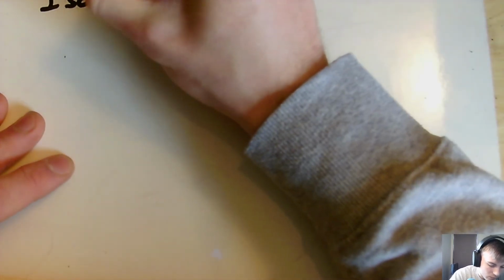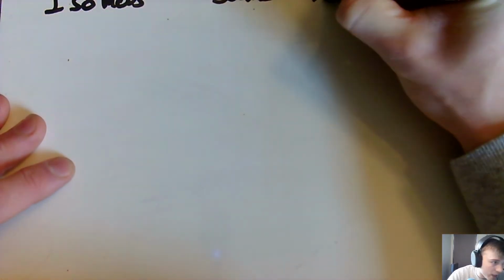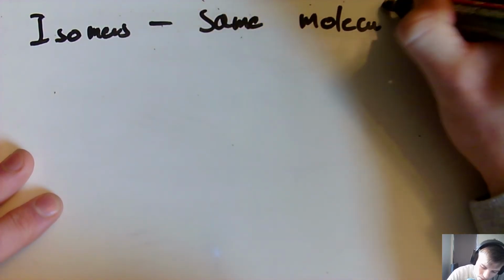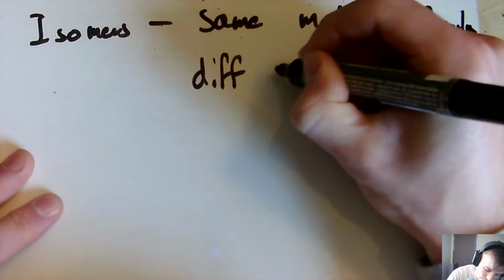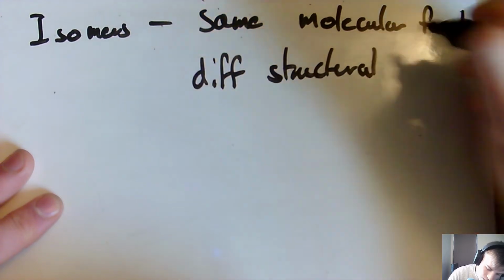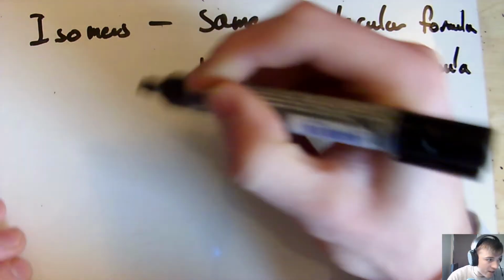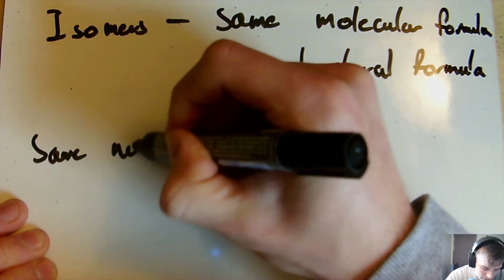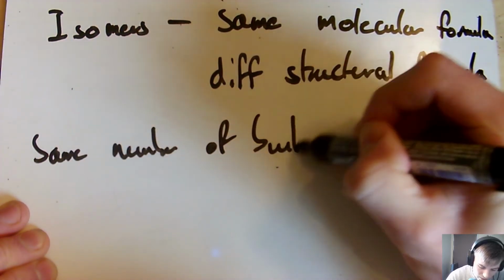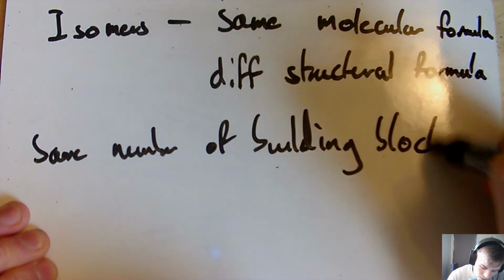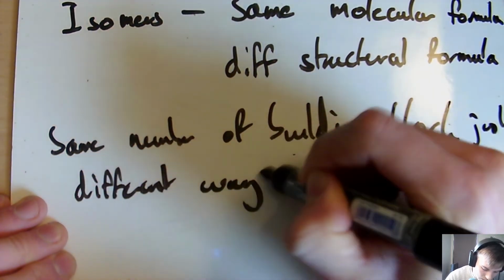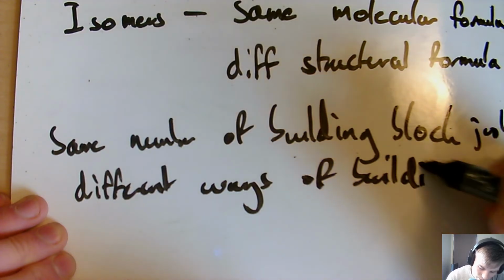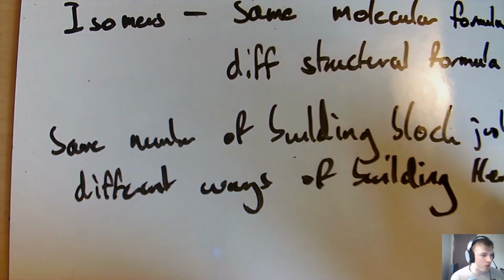So, what have we learnt from this? So we know isomers have the same molecular formula, but different structural formula, which essentially means the same number of building blocks, just different ways of building them, like I spoke about with the Lego sets.